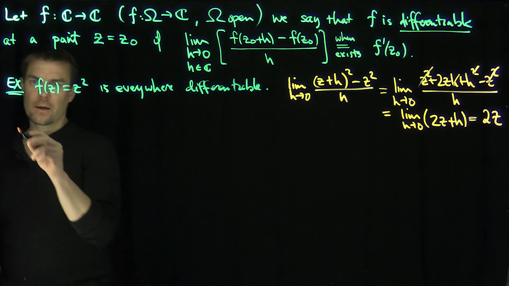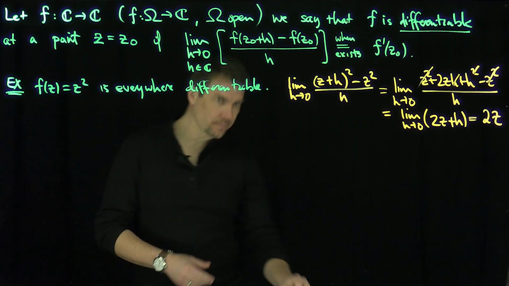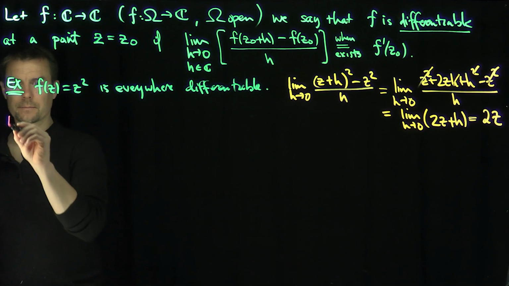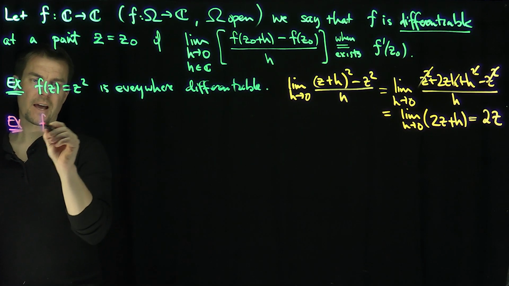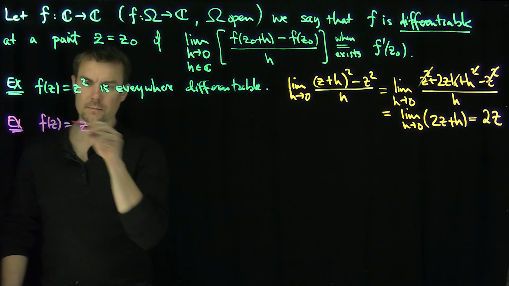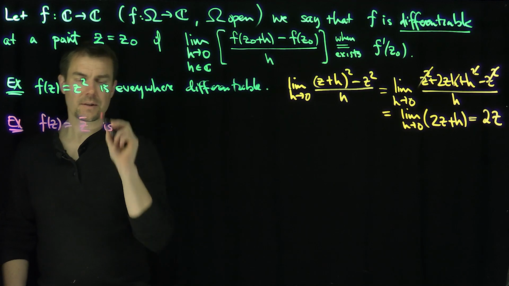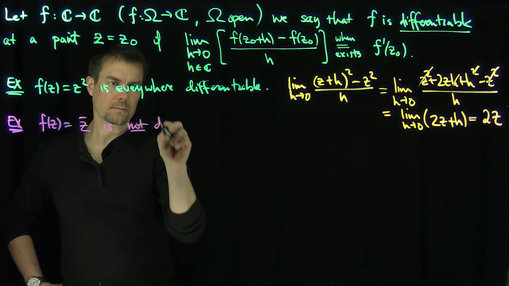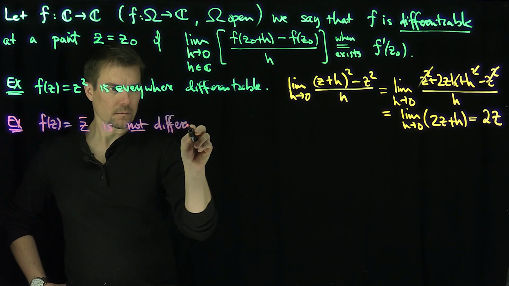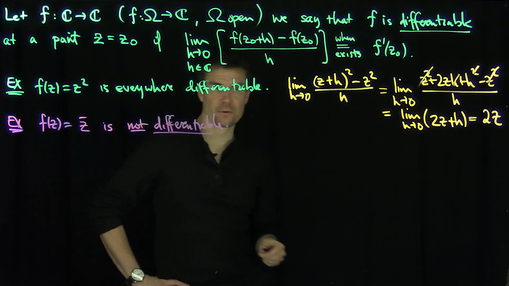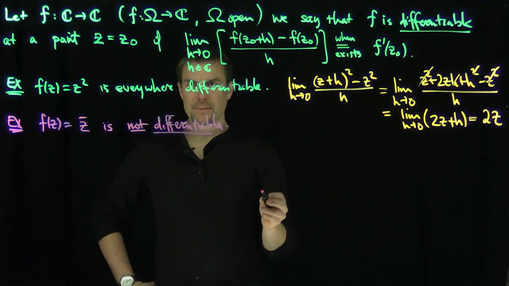Let's see why. Here's another example. Let's look at f of z equals z bar, the complex conjugate, which is not differentiable anywhere. You might say that seems sort of strange. Let's prove it.